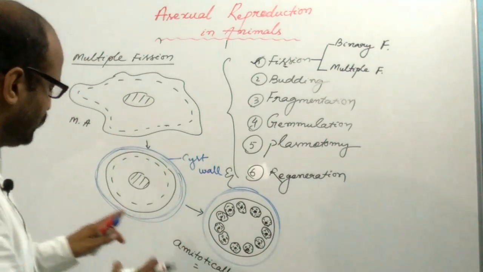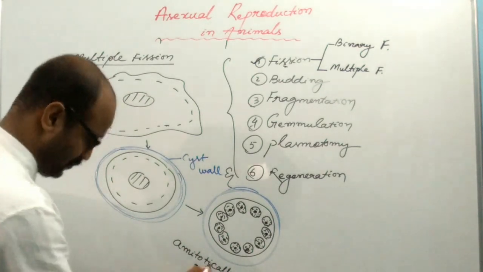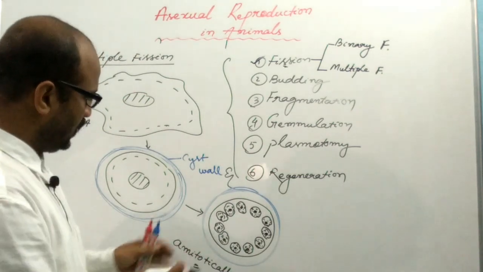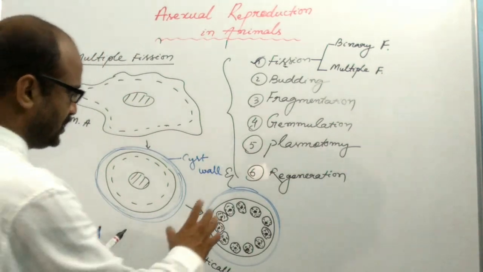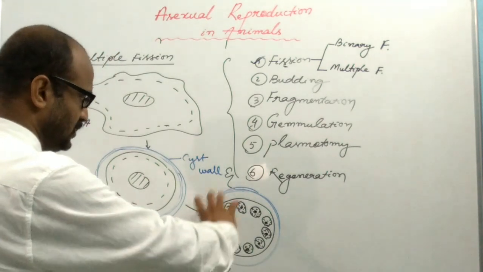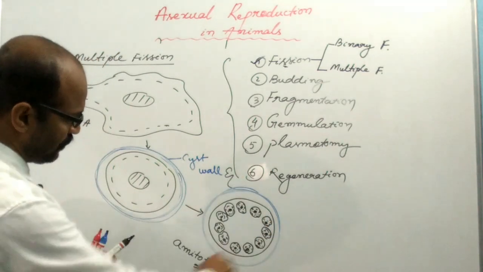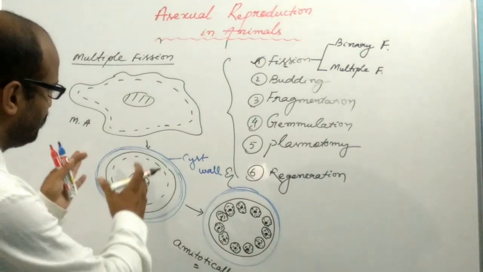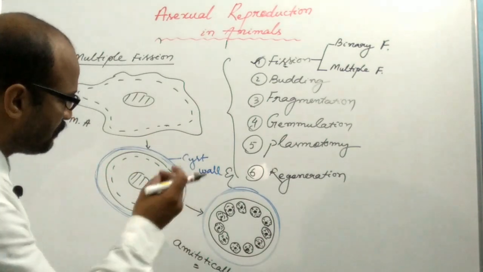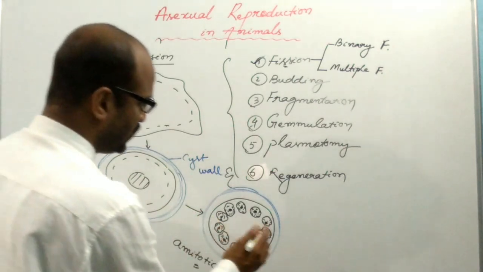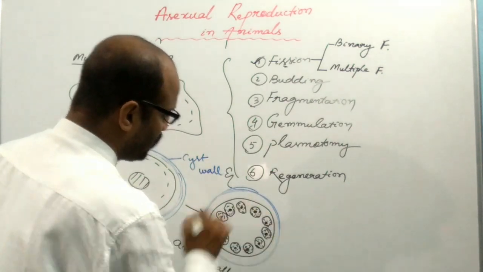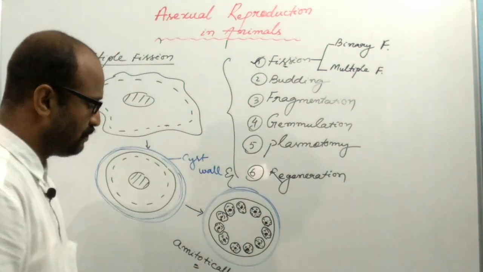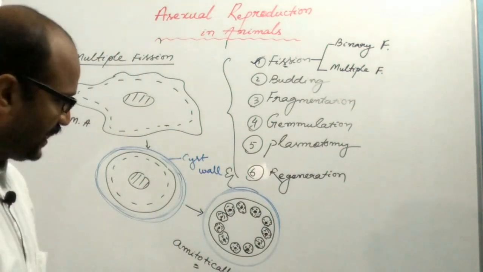So first is karyokinesis, by the amitotic division of the nucleus, and such nuclei are arranged at the peripheral region of the mother amoeba, and the division of cytoplasm takes place. A bit of cytoplasm surrounds the nuclei, and around the nucleus there is the development of plasma membrane.